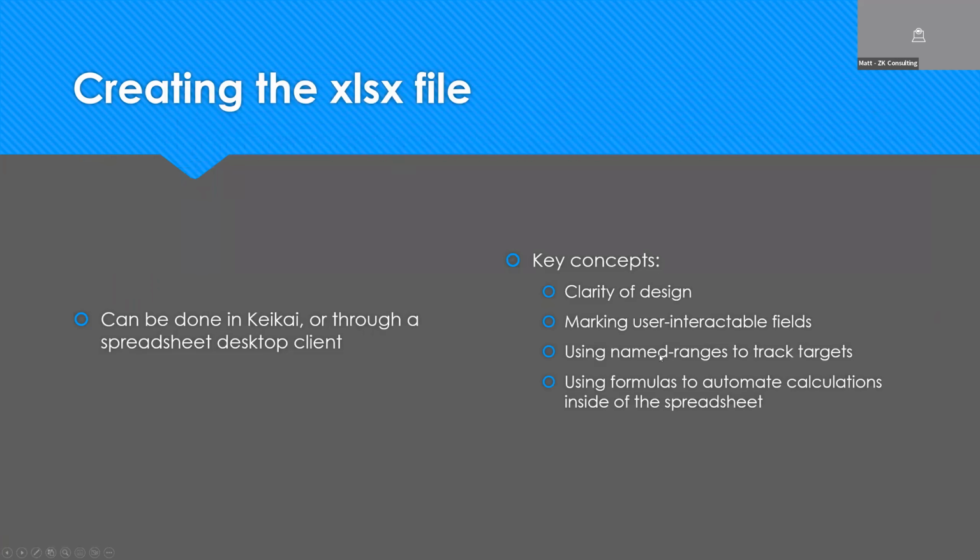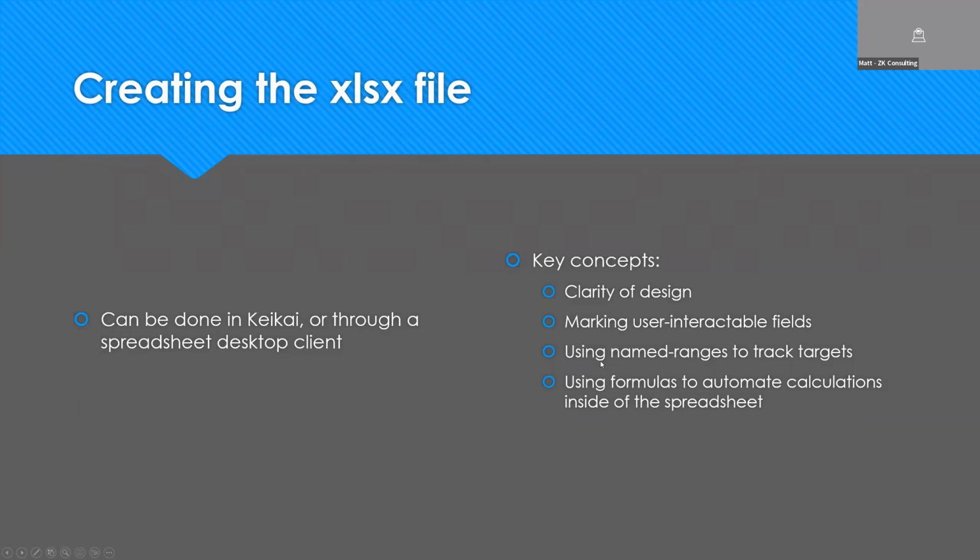What do we want in order to make a good Keikai screen? We want a design that is clear and easy to read for the end user. We want to mark the user interactable fields, the fields that we will add some behaviors on to be clicked in the web page when the user does an action.